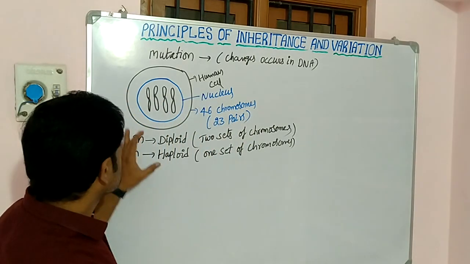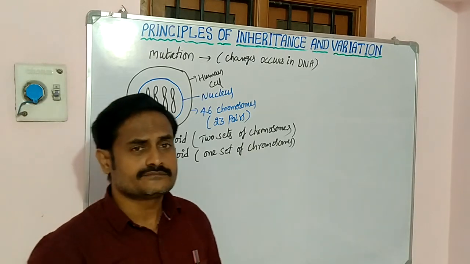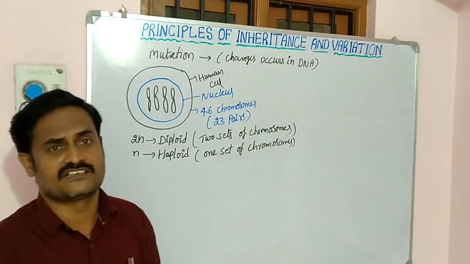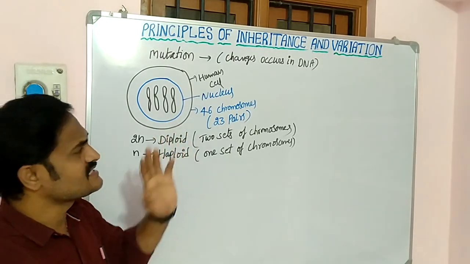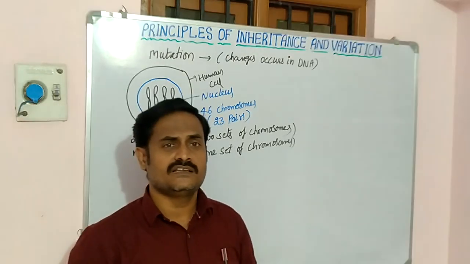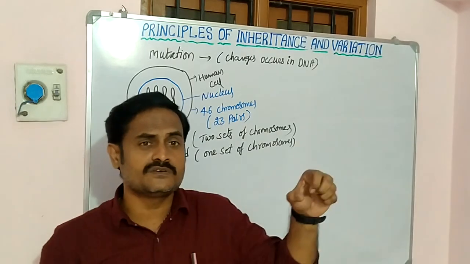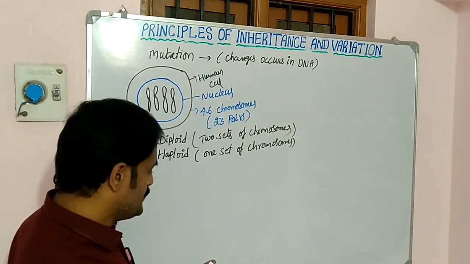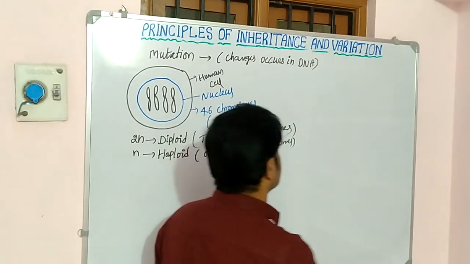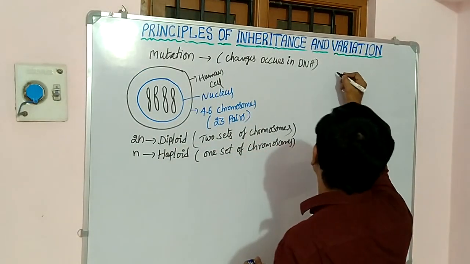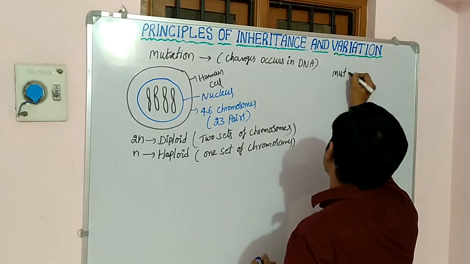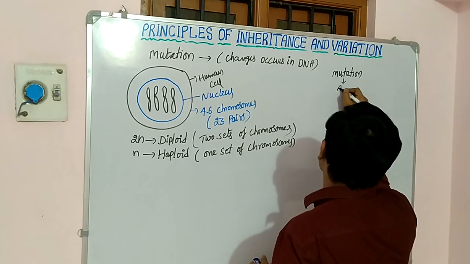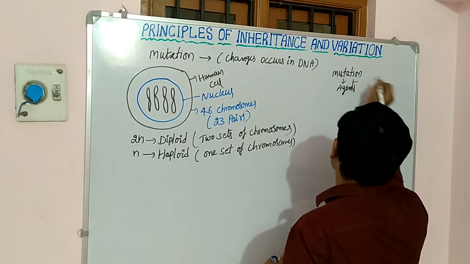So, in this diploid cell, suddenly some changes occur. Why do the changes occur in the diploid cell, and who is responsible for this mutation? Majorly, mutations are caused by some agents.